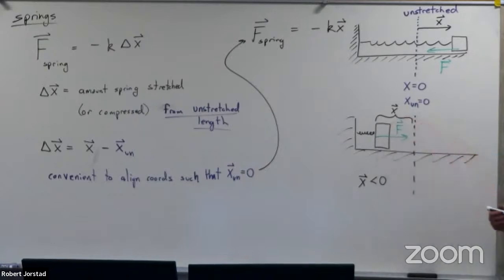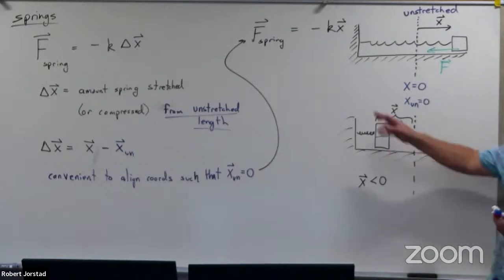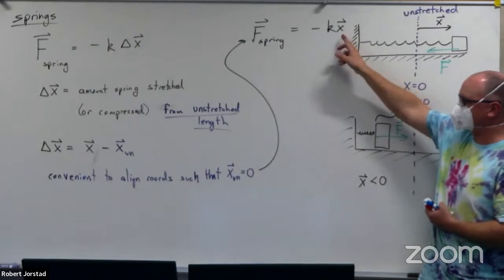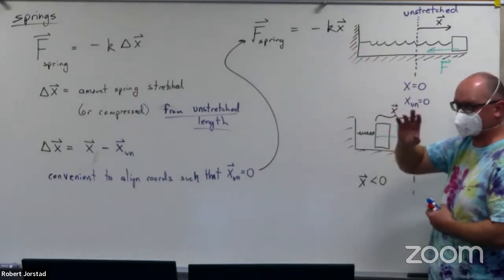Yeah. And so this works, and it's complicated. Springs are complicated, so it's easiest to handle this thing with a vector. You tell me the position of the block. So let's be clear here what these symbols mean now.